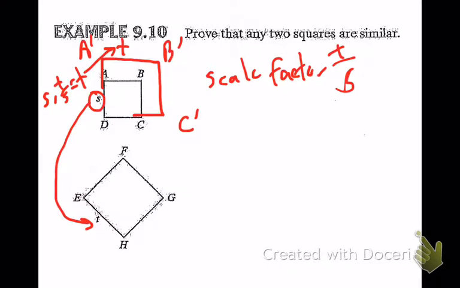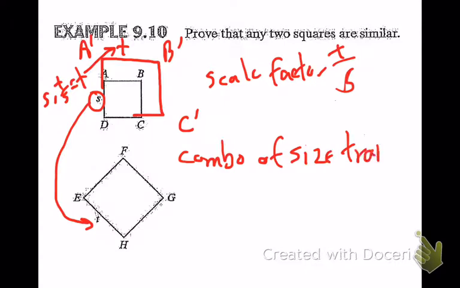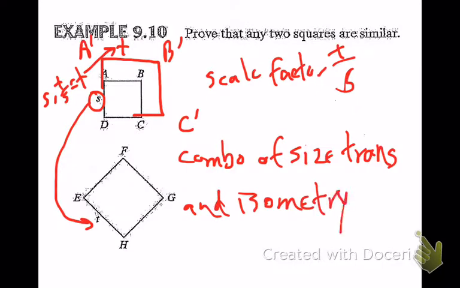So this is a combo of a size transformation and an isometry, which is a rotation. All right. Any questions?